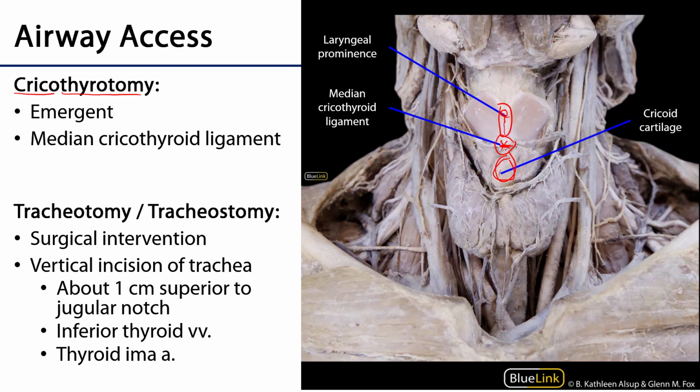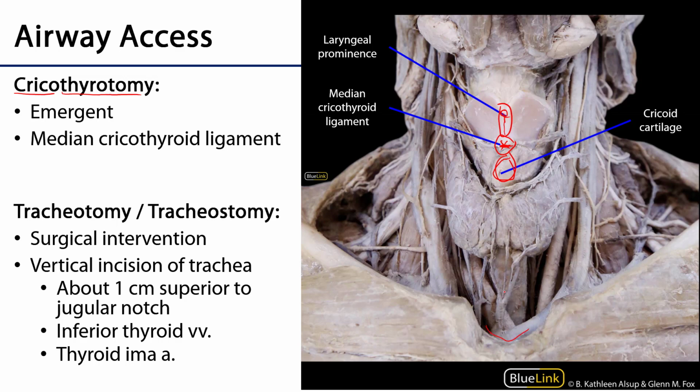The other form of airway access intervention that we could discuss is a tracheotomy, also known as a tracheostomy. This is a surgical intervention, so this is not done in the field. What is done here is that there is an incision of the skin, usually about 1 centimeter above the jugular notch.